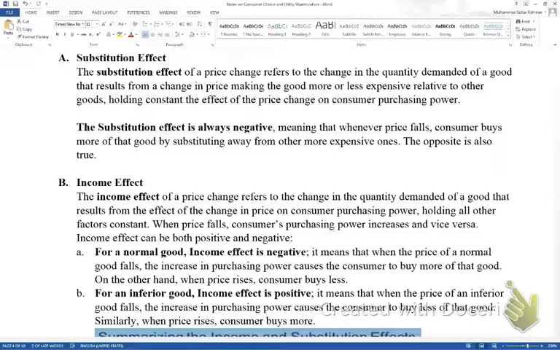The next one is what we call the income effect. The income effect is very interesting. The income effect of a price change refers to the change in quantity demanded of a good that results from the effect of the change in price on consumers' purchasing power, holding everything else constant. So what does it mean? Whenever the price of a good changes, we argue that it changes the purchasing power of the consumer.